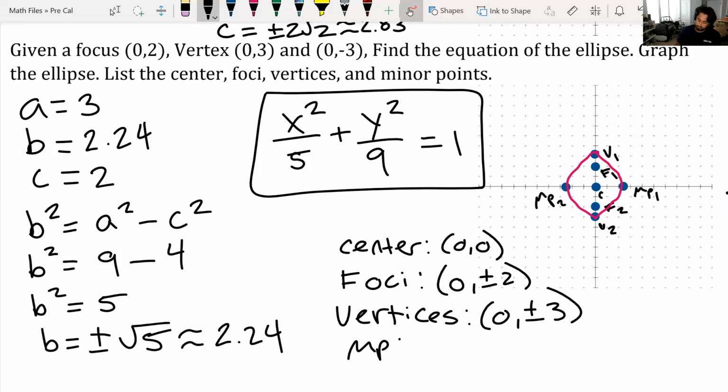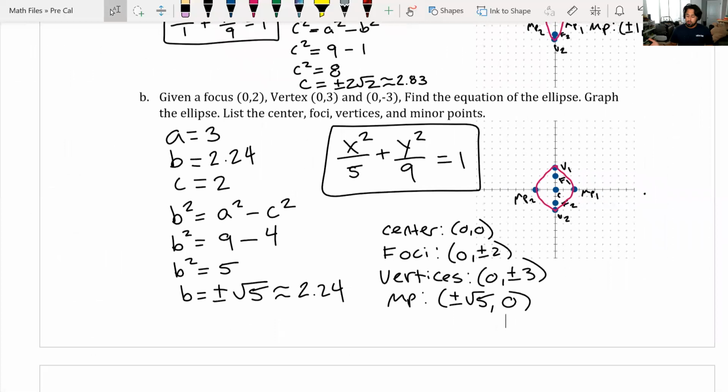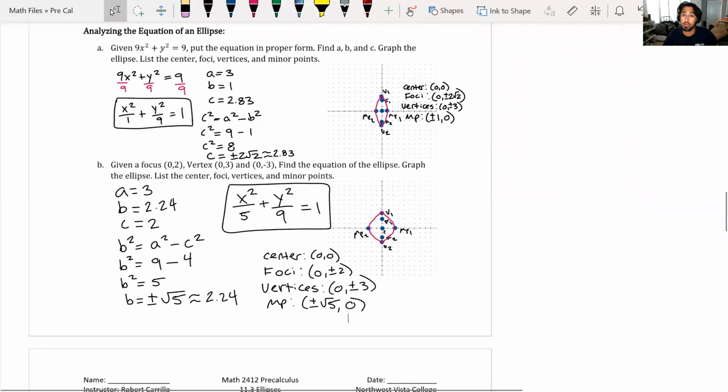And minor points are plus or minus square root 5, and 0, or plus or minus 2.24. Okay, perfect. So those were ellipses with the major axis being the y-axis.